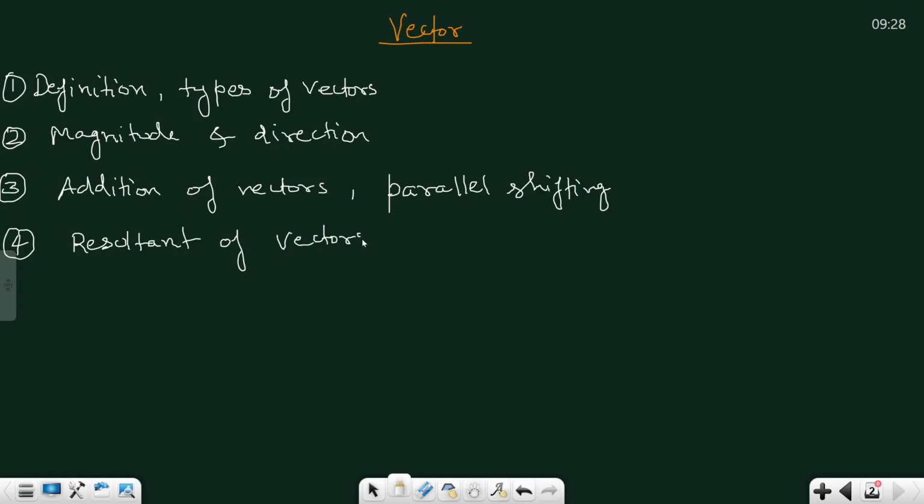Resultant of vectors. Triangle. The fifth one is product of vectors.